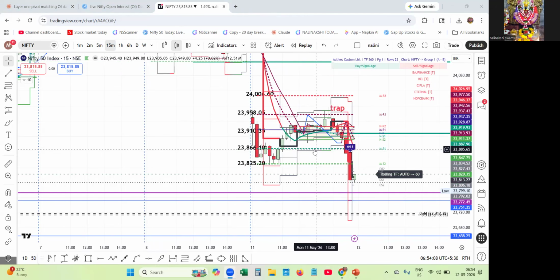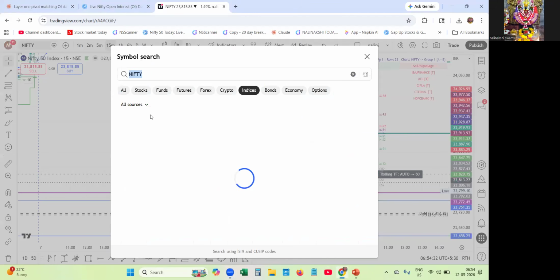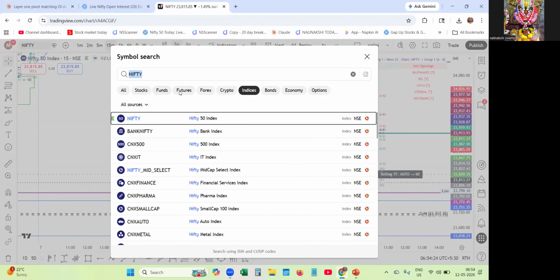Previous day supports. The market has broken below and closed near the S2. Let us see how it opens. Gift Nifty is running already. Let us see what it is doing.